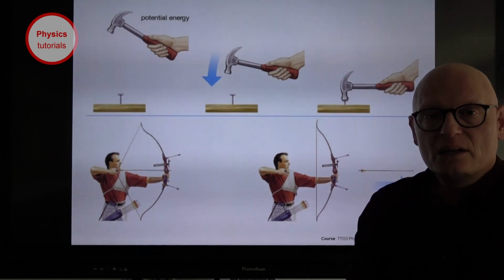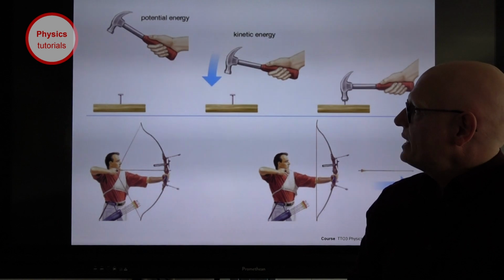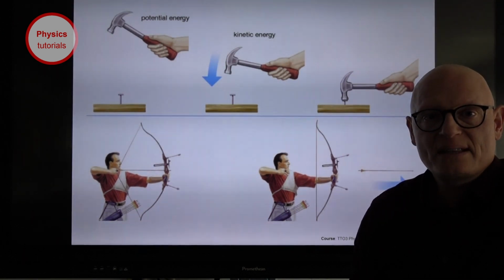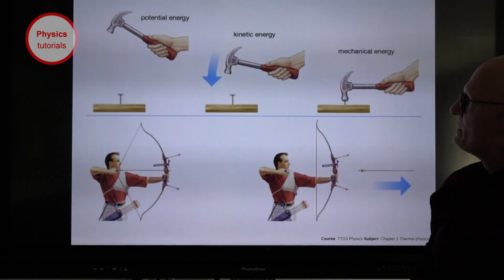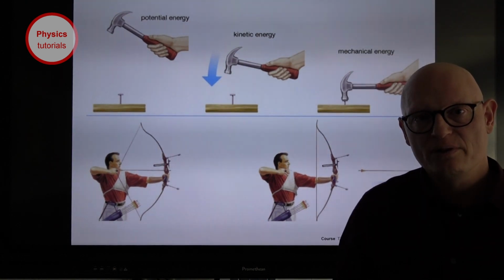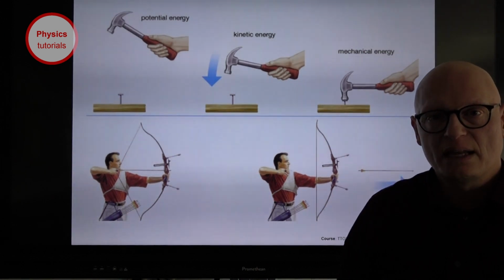Then we say you will have kinetic energy. Then the hammer hits the nail, and then we call that mechanical energy or impact energy. There we go. So in these three stages, energy is converted from potential to kinetic to mechanical energy.